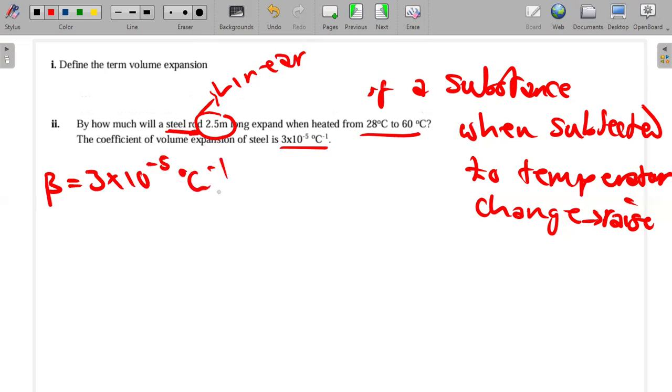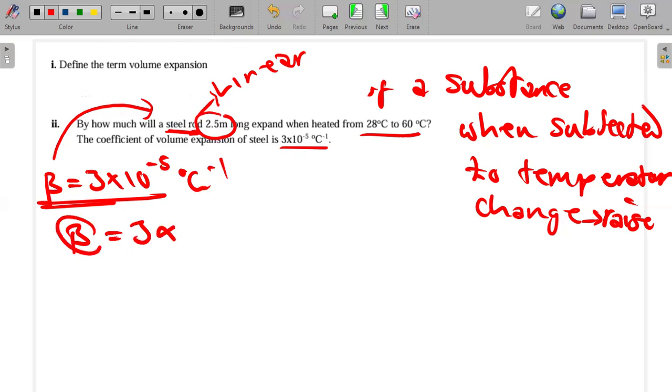But if you notice, the coefficient of volume expansion cannot be used to calculate linear expansion of this particular rod. From this coefficient of volume expansion, we are supposed to deduce the coefficient of linear expansion. And remember, we said the coefficient of volume expansion is equal to 3 times the coefficient of linear expansion.